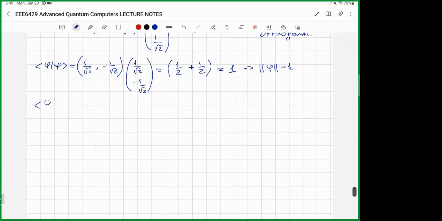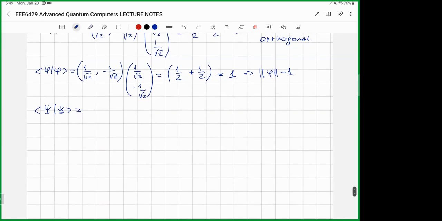And what about the psi vector? The psi vector is basically the same, but for the sign, right? 1 over square root of 2, 1 over square root of 2, and the column 1 over square root of 2, 1 over square root of 2, which is 1 half plus 1 half equals 1.